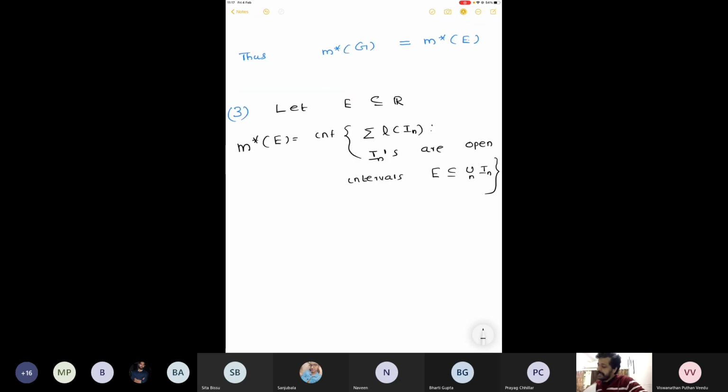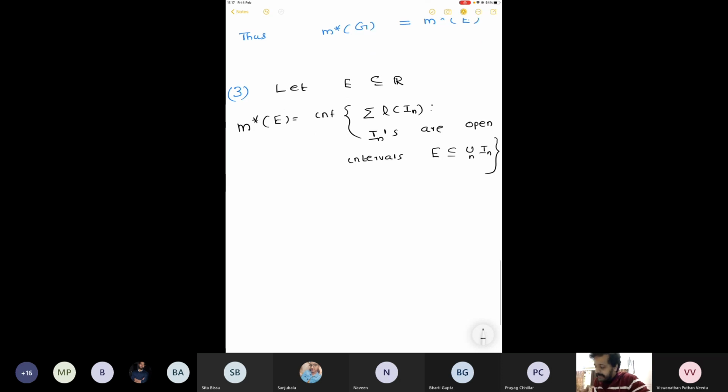Now what we do is, instead of taking open intervals, let us take semi-open, closed on the left and open on the right. All intervals are of that kind. Okay. So I will define M star E suffix CO, closed open, is equal to the infimum of the summation of L of In, where E is contained in the union over n of In.